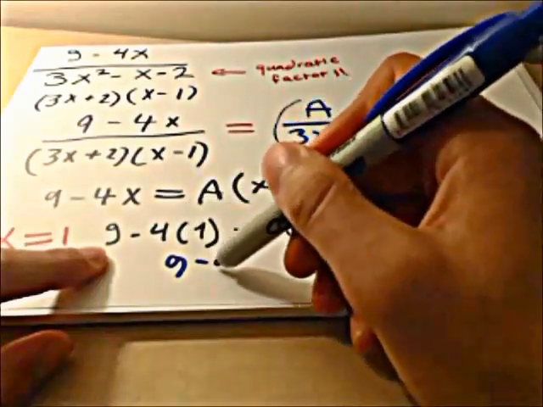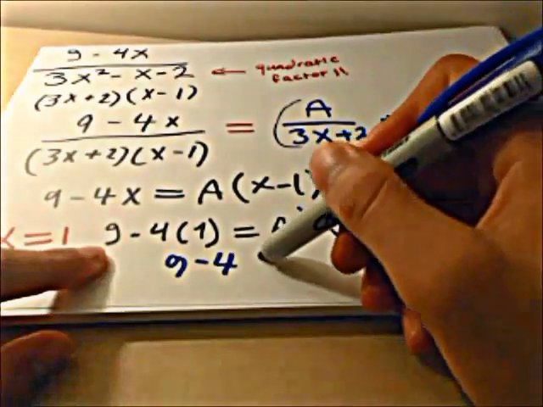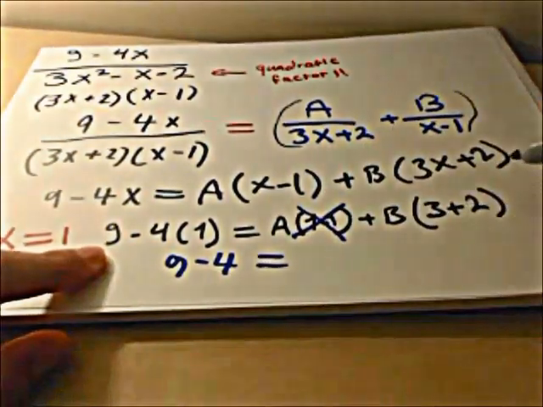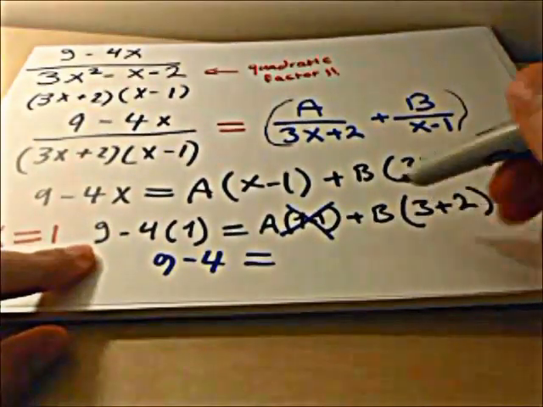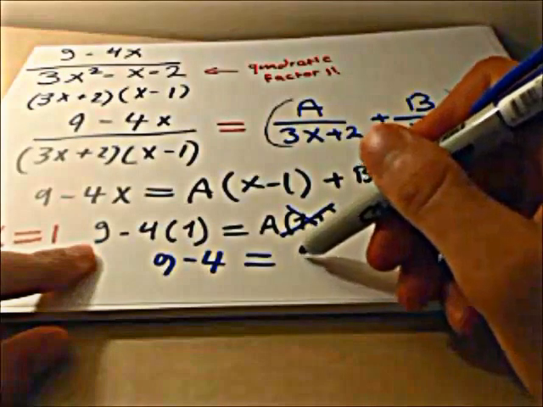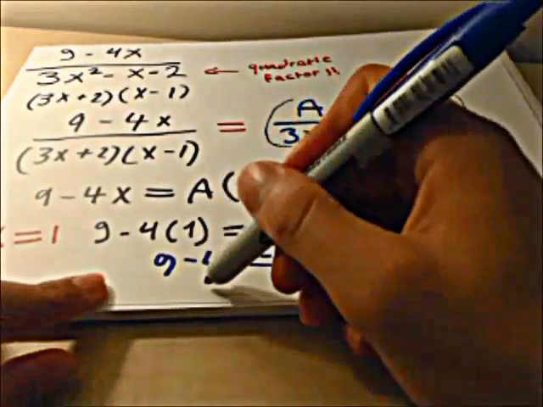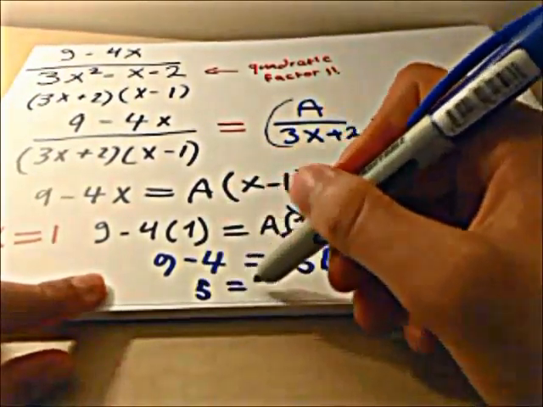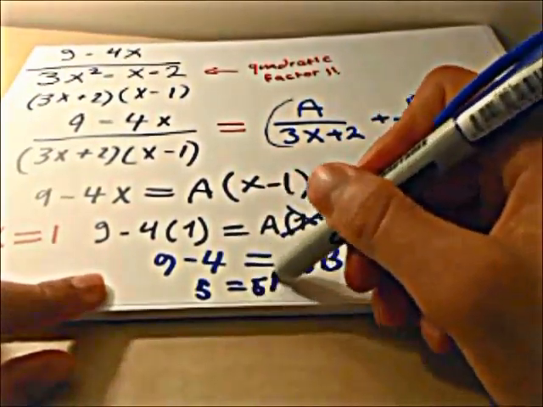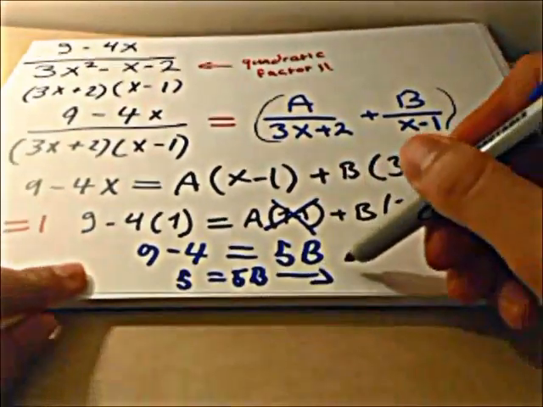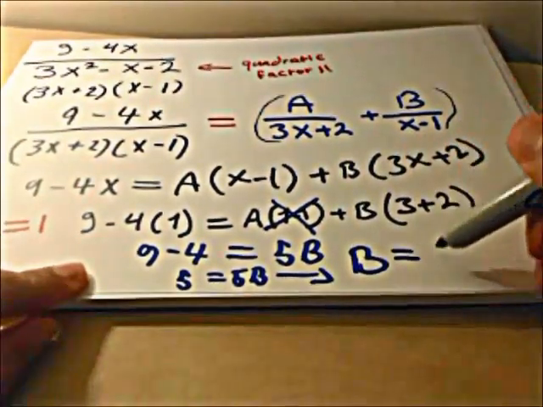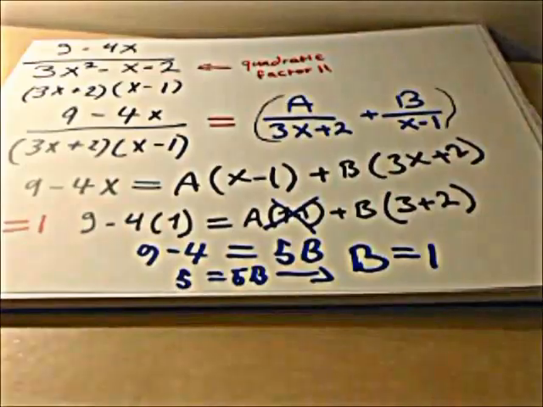So 9 - 4, which is 5, equals B times 5, which gives 5 = 5B, which means that B equals 1.